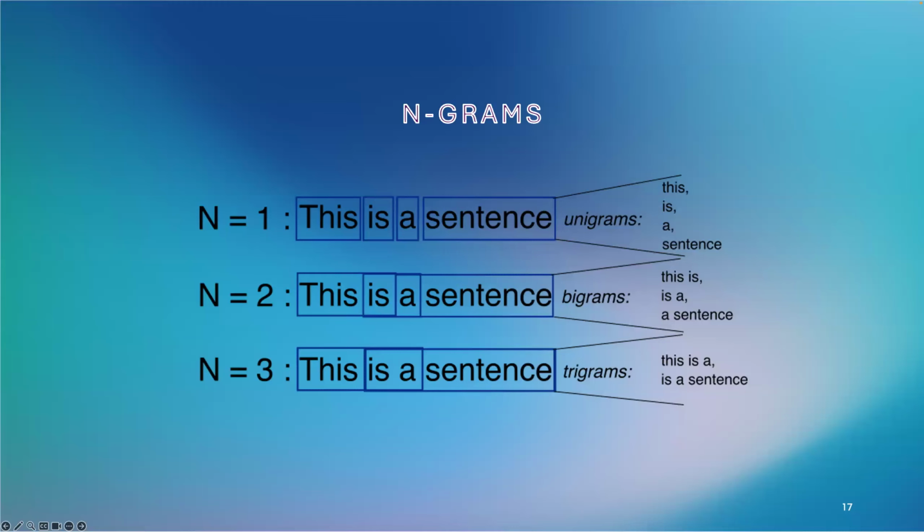They can also capture immediate word relationships and local context. Then if we have small data sets, they can actually perform better than complex techniques. And in general, they're quite good for small data sets.